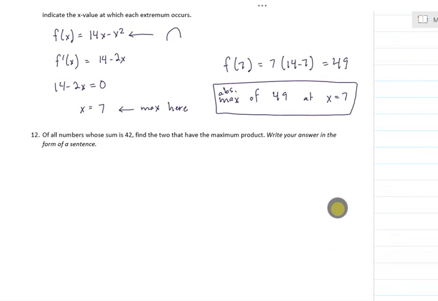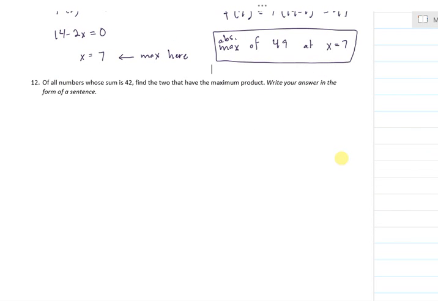Okay, word problem. Of all the numbers whose sum is 42, find the two that have the maximum product. Alright, so I've got numbers x, y, such that x plus y equals 42.